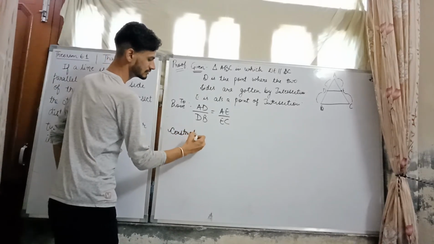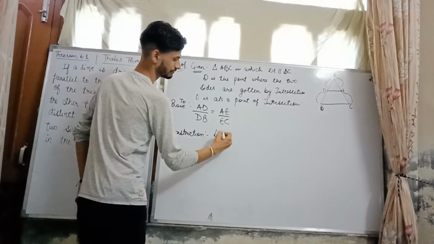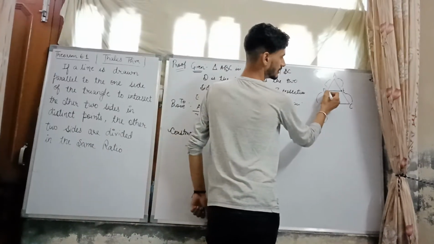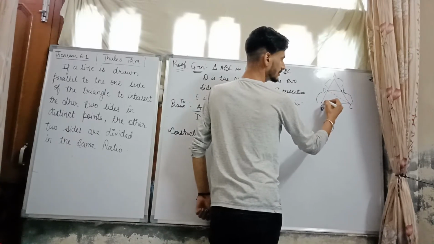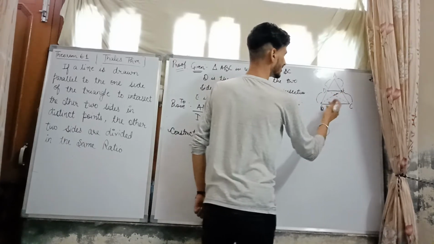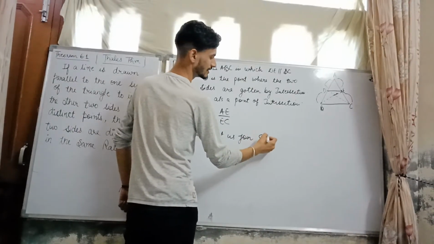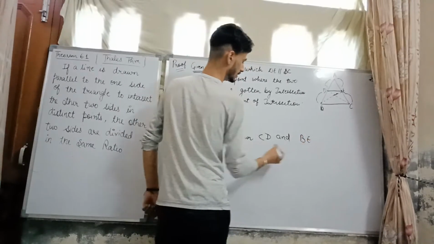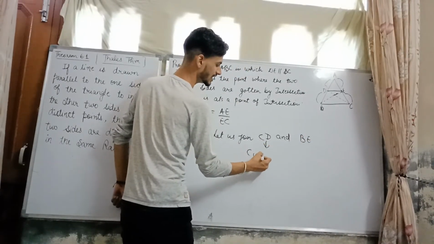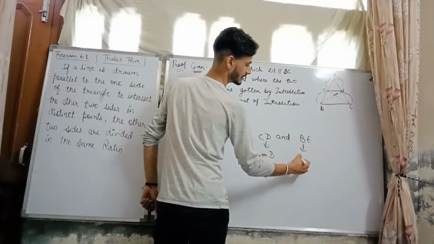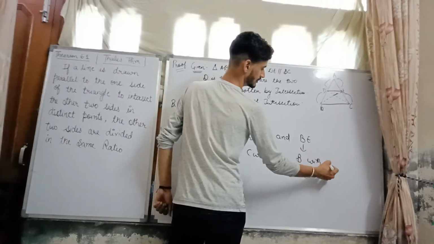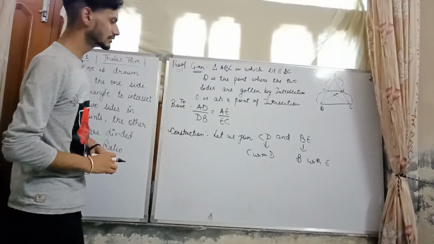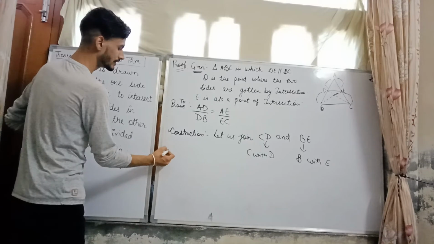In construction, let us join C and D, and B and E. Let us join CD and BE. So, after its construction, we are going to provide its proper proof.